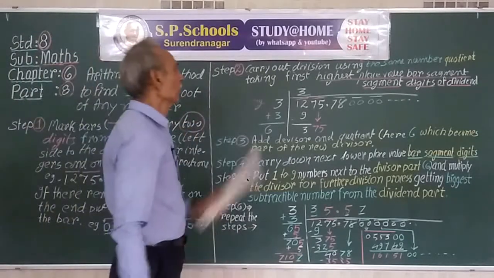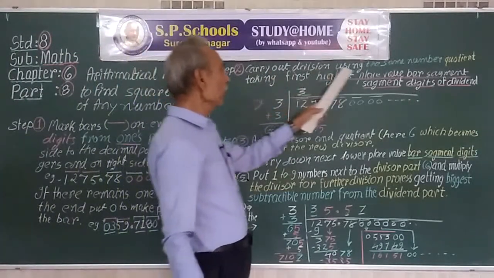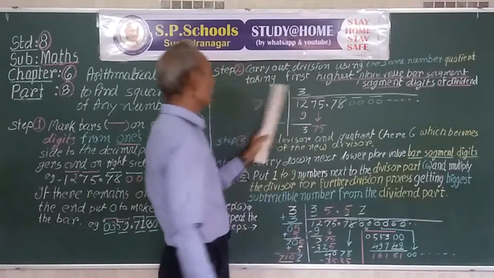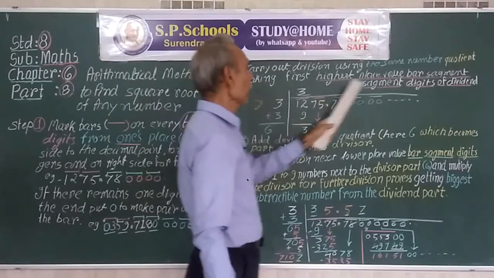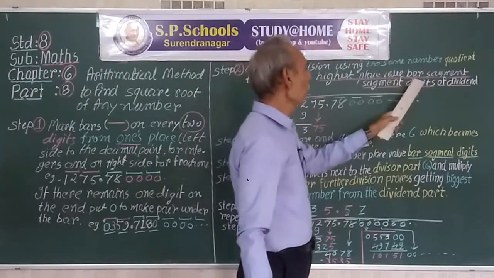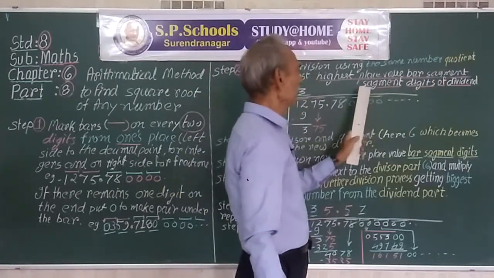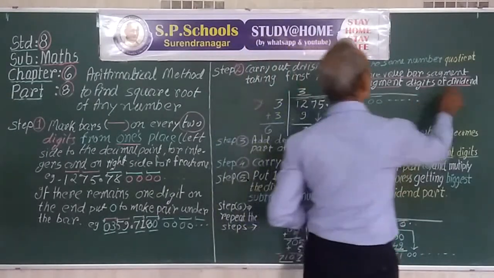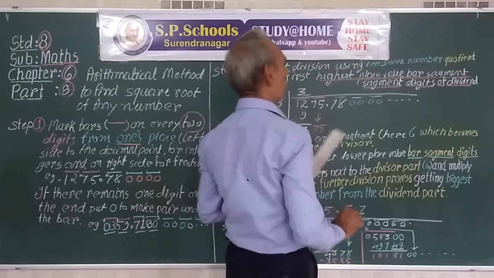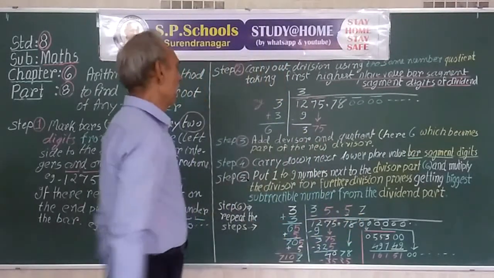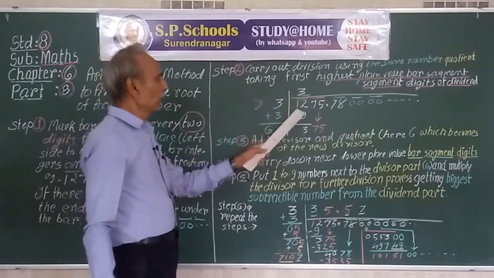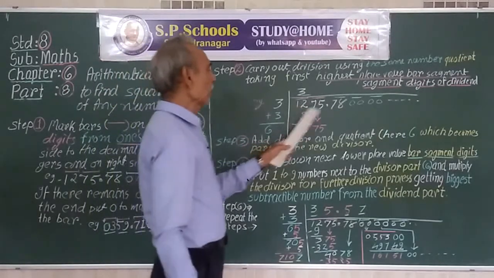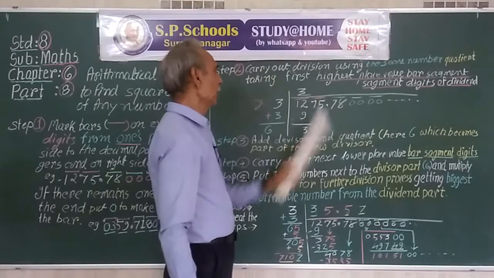Step 2. Carry out division using the same number as quotient, taking the first, highest place value bar segment. Now let us consider we want to find out the square root of 1275.78.